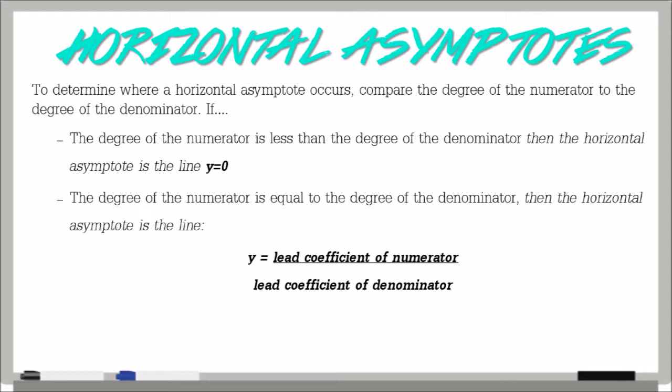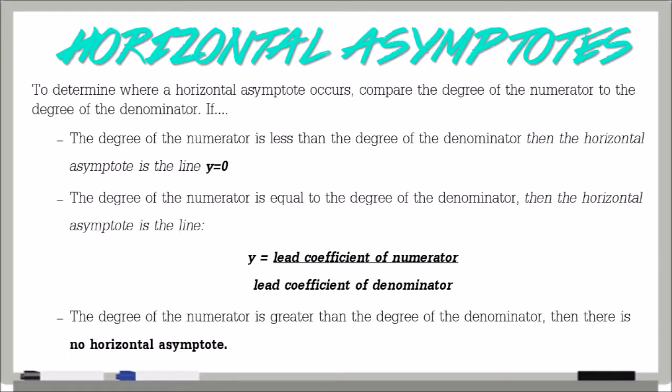If the degree of the numerator is equal to the degree of the denominator, then the horizontal asymptote is the line y equals the lead coefficient of the numerator over the lead coefficient of the denominator. If the degree of the numerator is greater than the degree of the denominator, then there is no horizontal asymptote.